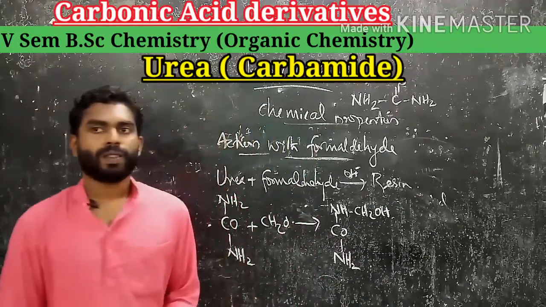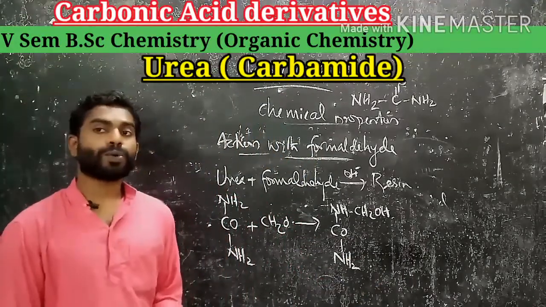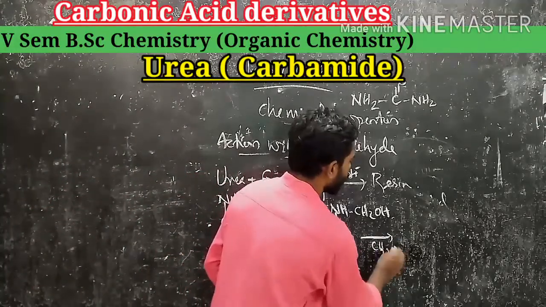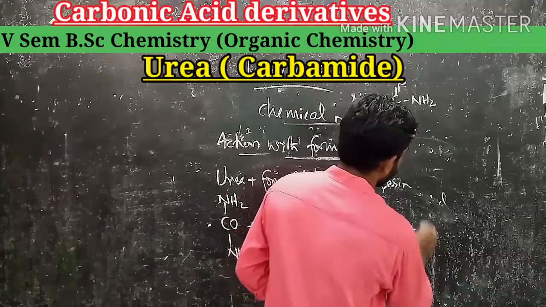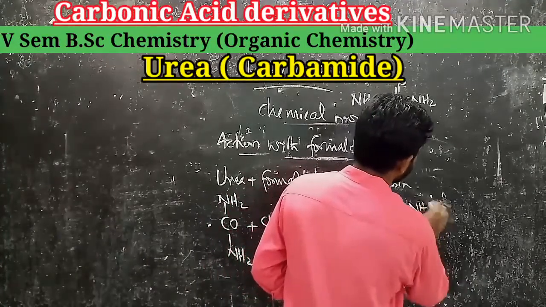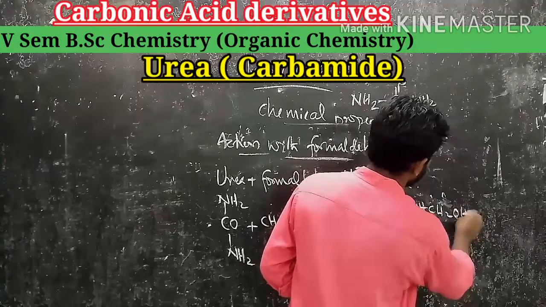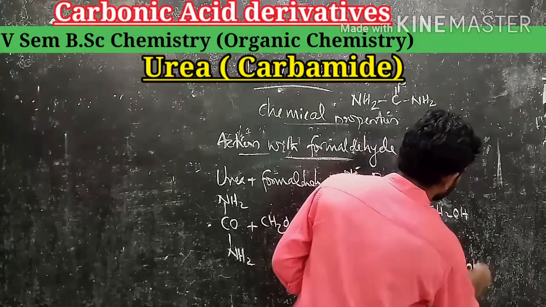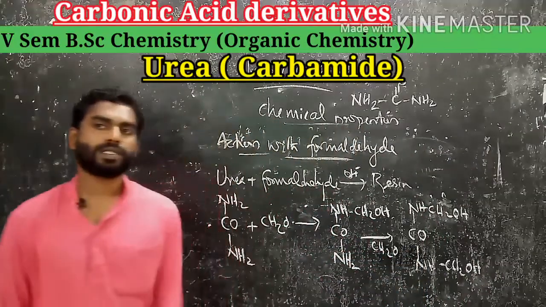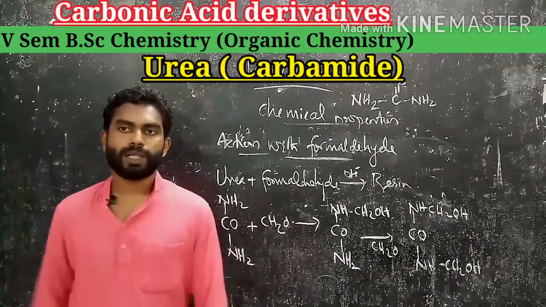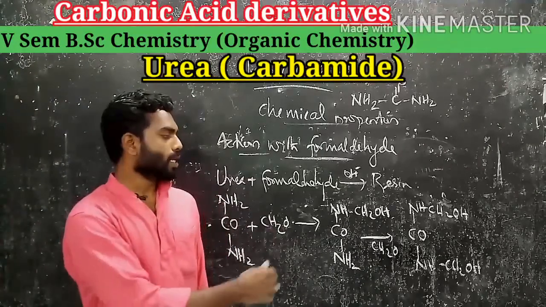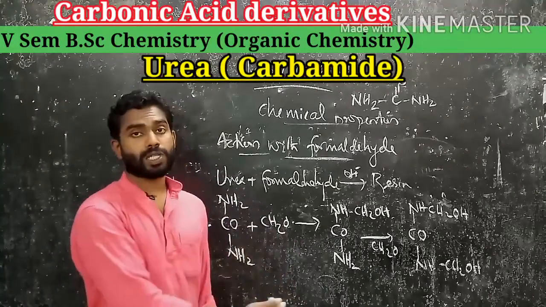Then, when one more molecule of formaldehyde reacts, we will get CO NH CH2OH, NH CH2OH. So this is the resin synthesis starting material. This is dimethylol urea. This dimethylol urea undergoes condensation.